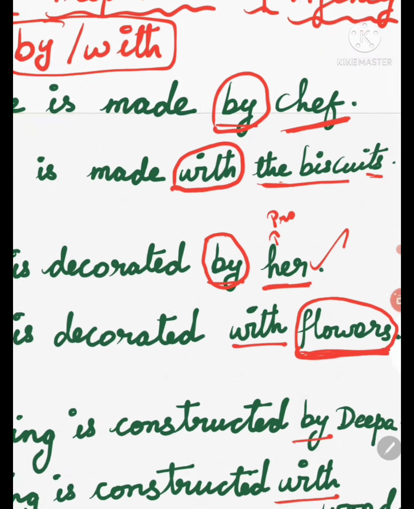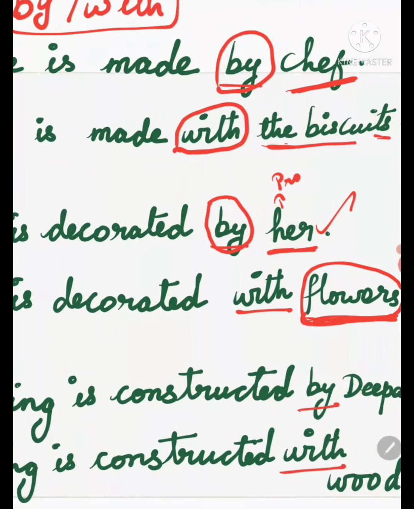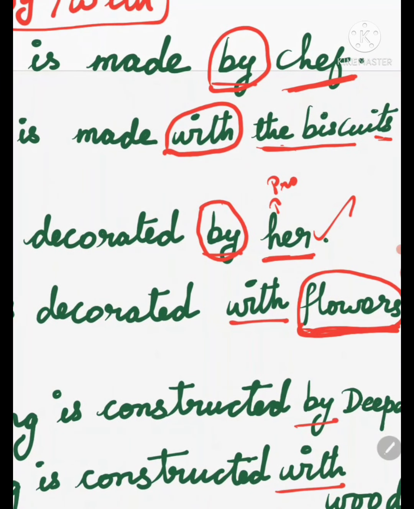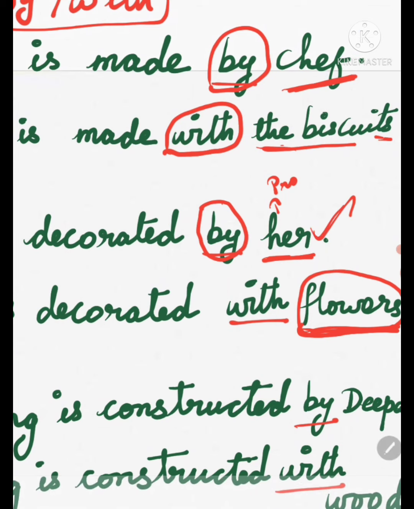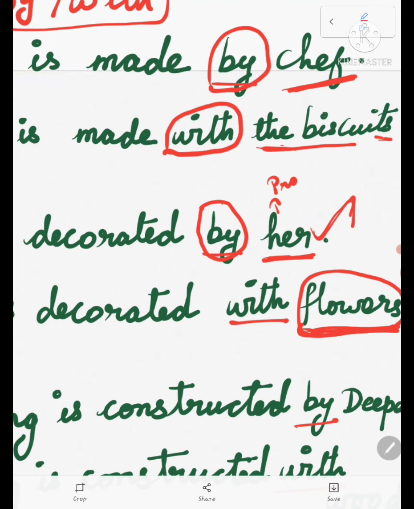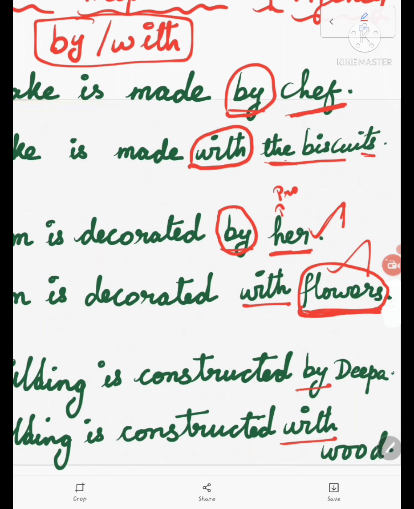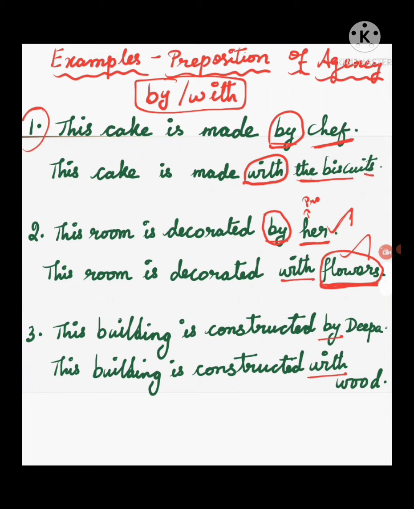In the sentence this room is decorated by her, who performed the action? She performed the action. She decorated. But in this sentence, what was used to perform the action? Flowers are used to decorate this room.